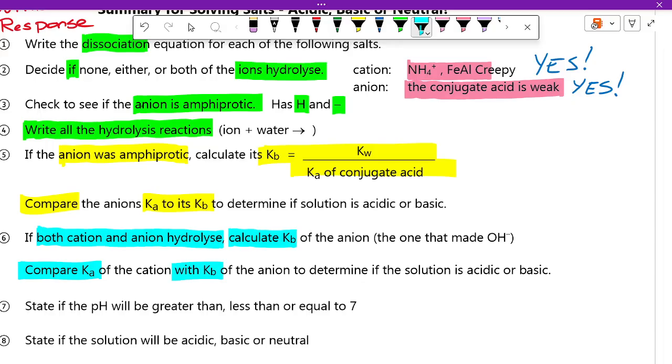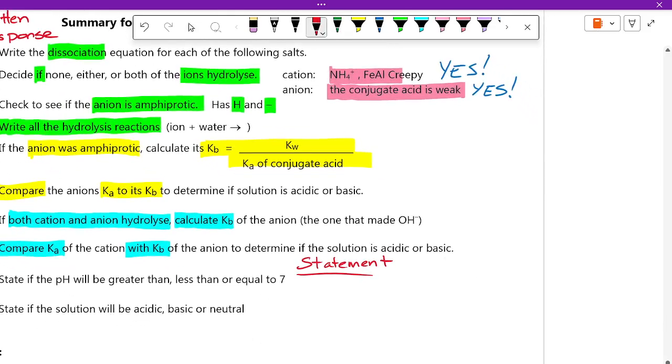And then you're going to be making a statement, and I realized I should have added something in here, so we're going to add this in. Our statement can be any one of the following, okay?